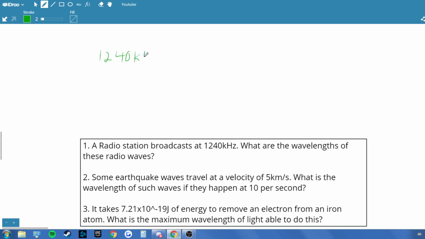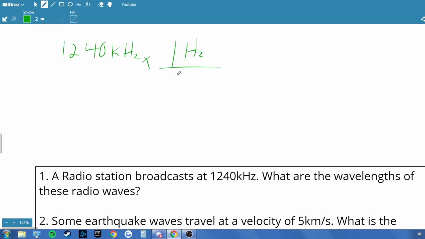So kHz, then converting it, it's 1000 hertz per 1 kilohertz. And that gives us, in scientific notation, 1.24 times 10 exponent 6 hertz.